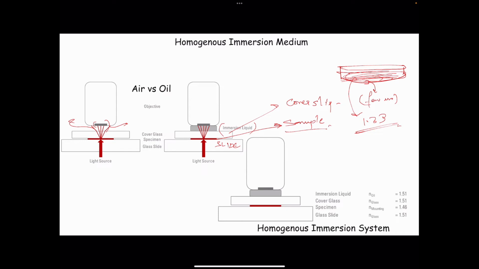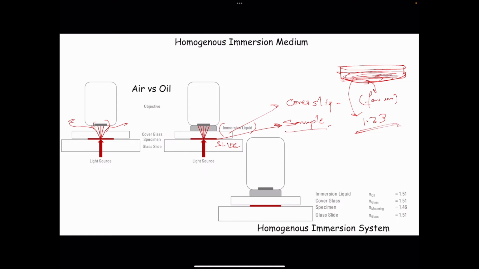So if you save your sample by mounting it, you can use it again and again. If you want to image the sample which you imaged 2 months back, you can still do that by preserving these samples by mounting them.